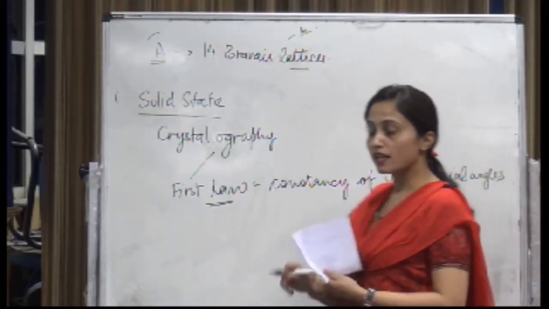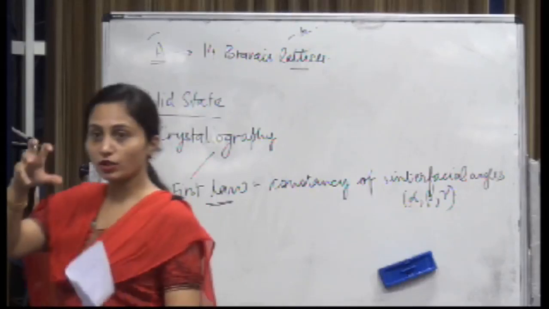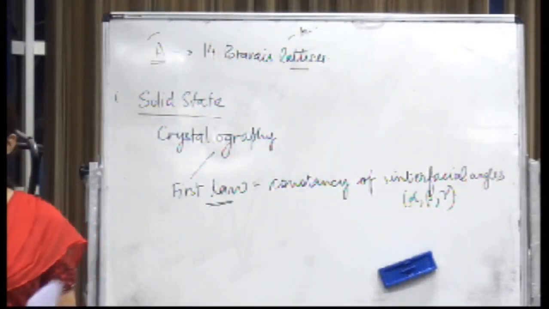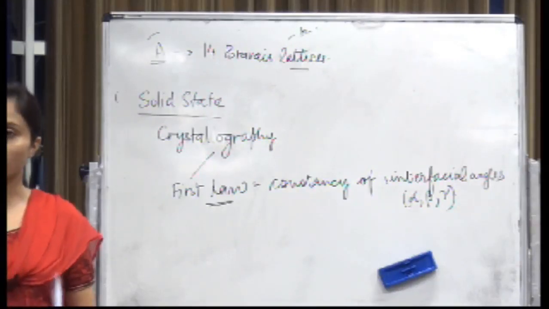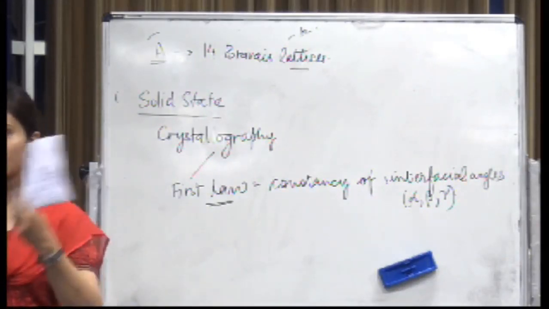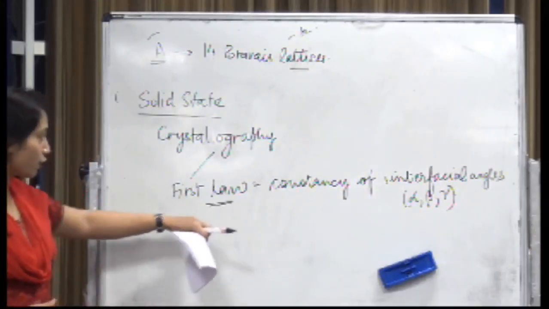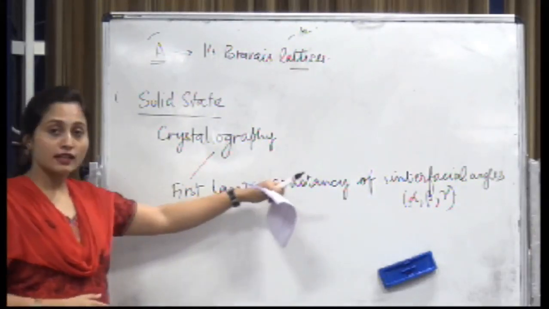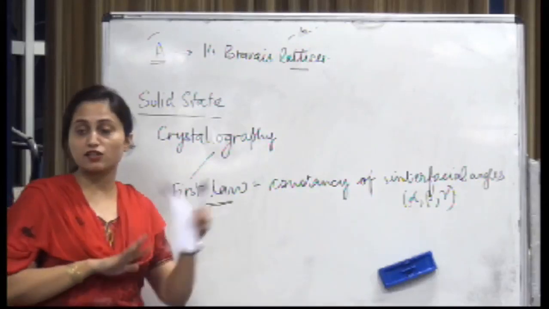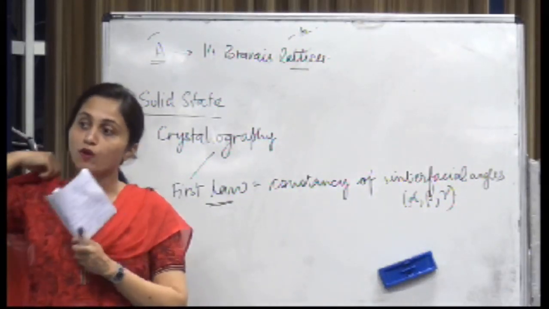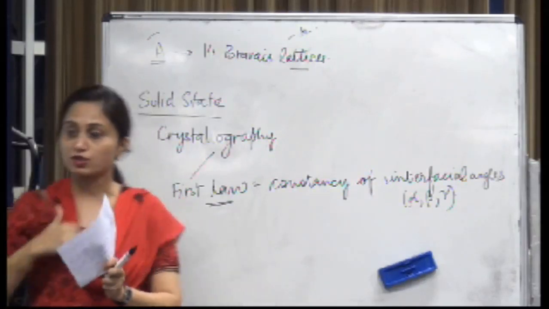That means if a unit cell possesses a particular alpha, beta, and gamma, these angles will be repeated throughout your crystal lattice. It is just an expansion of the unit cell into the crystal lattice. The first law of crystallography states that the interfacial angles remain constant throughout, which is why it is also known as the law of constancy of interfacial angles.